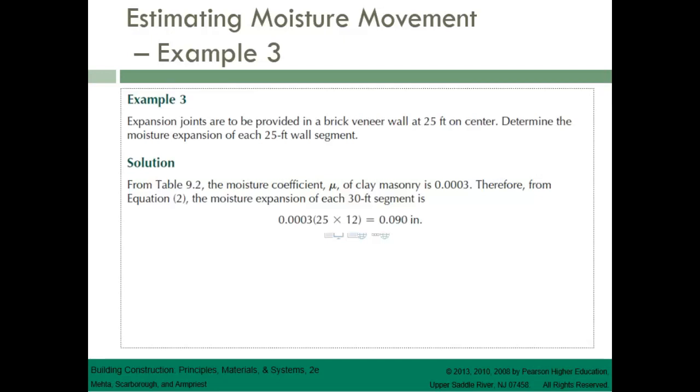Therefore, from equation 2, the moisture expansion of each 25-foot segment is 0.0003 times 25 times 12, which is 0.09 inches. So our clay masonry wall is going to expand approximately 1/8 of an inch in 25 feet.